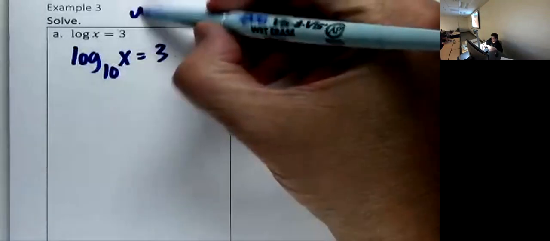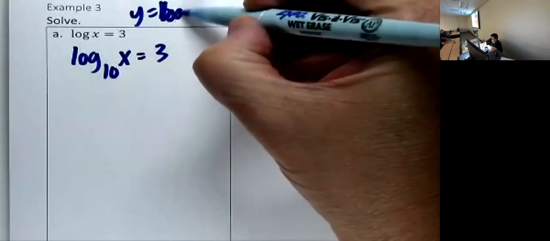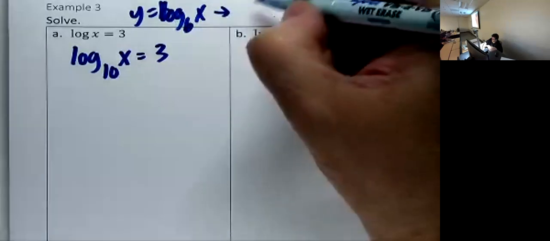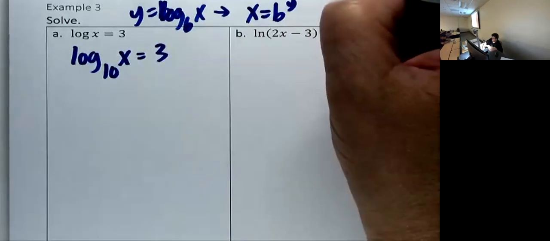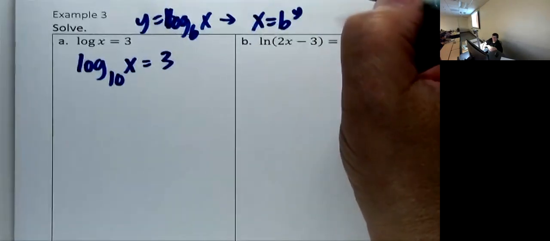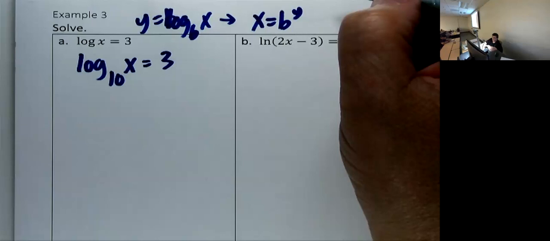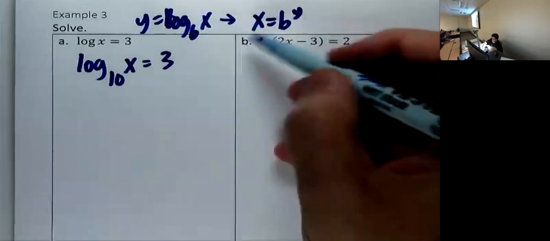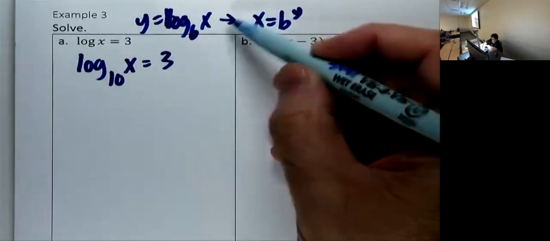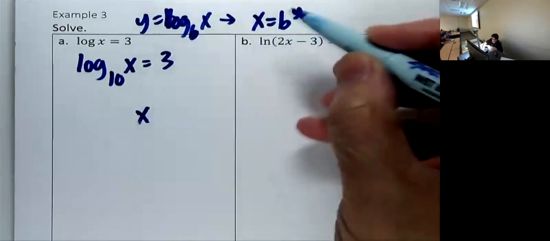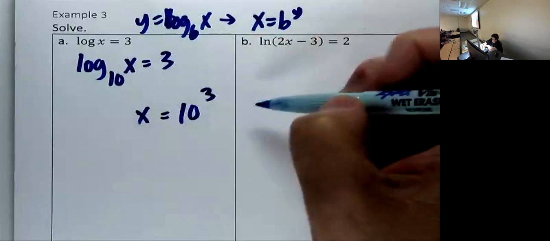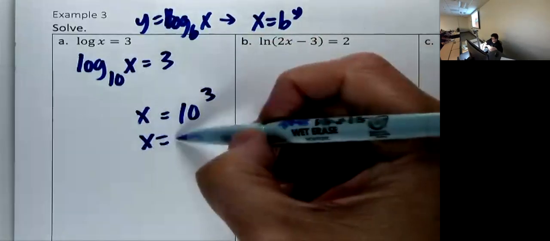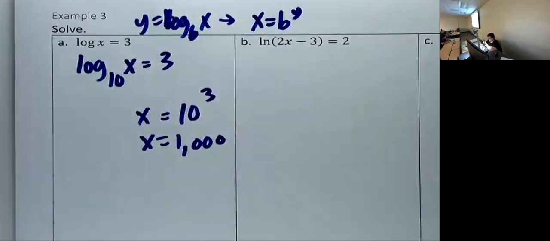Now you can use y equals log base b of x and change that into x equals b to the y. So the x stays the same following that principle. The b is our 10 and the y was our 3. So x equals 1000.